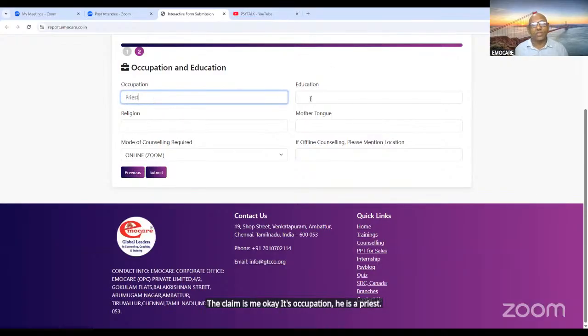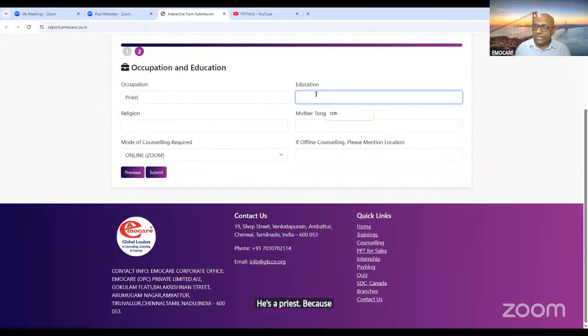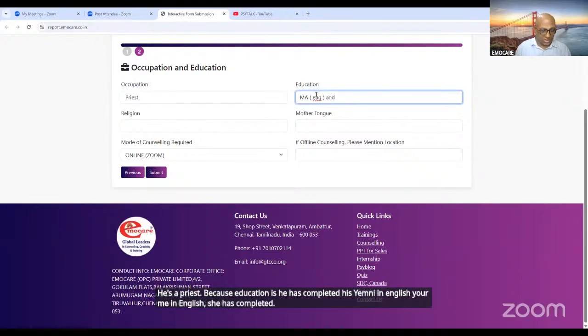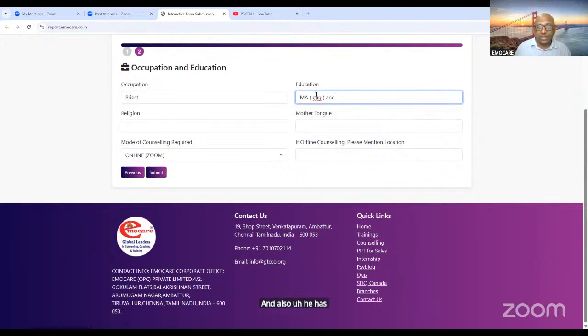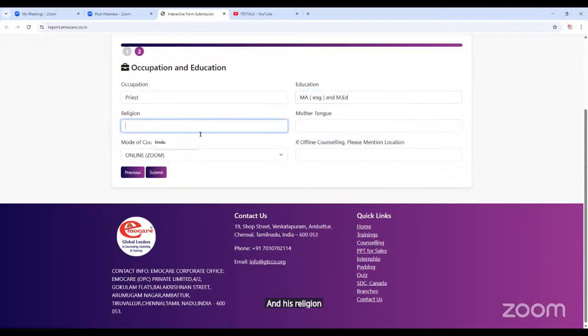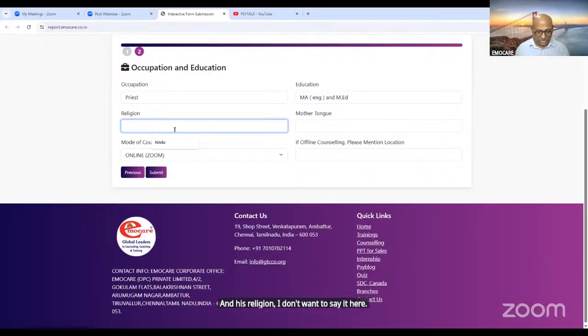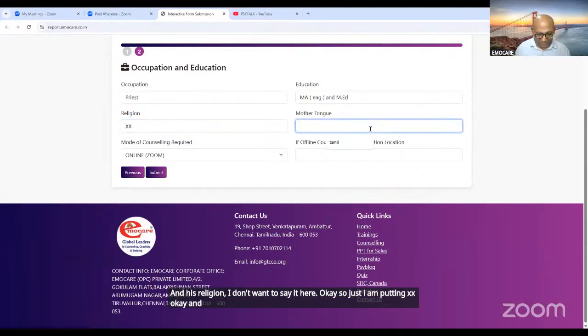His education: he has completed his MA in English, and also he has completed MEd. And his religion, I don't want to say it here, so I am just putting XX. And his mother tongue is Malayalam.